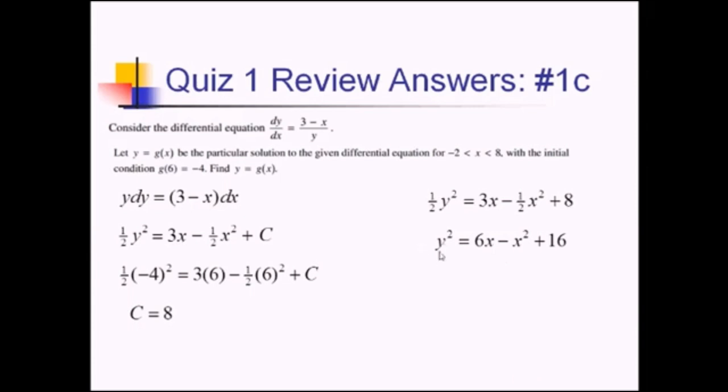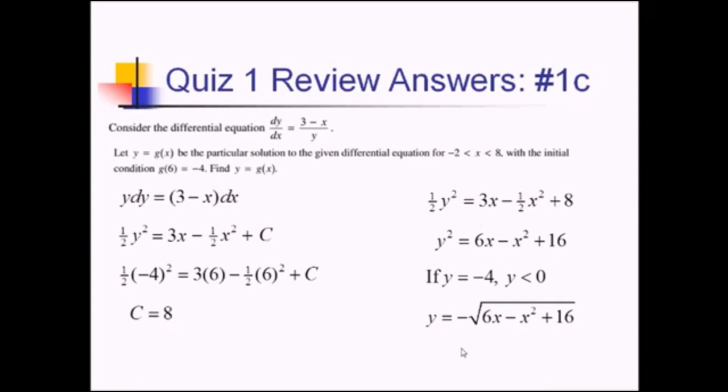To figure this out, let's look at the initial condition. In our initial condition, y is -4, which means in general, y has to be negative for this particular solution. So that means if I have to choose between the plus or the minus radical, I'm going to go with negative radical 6x minus x squared plus 16.